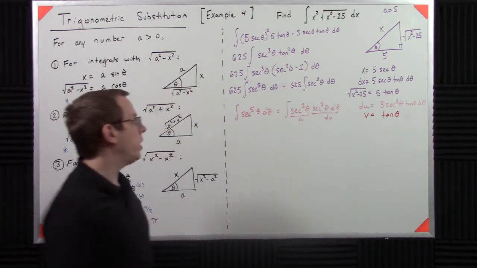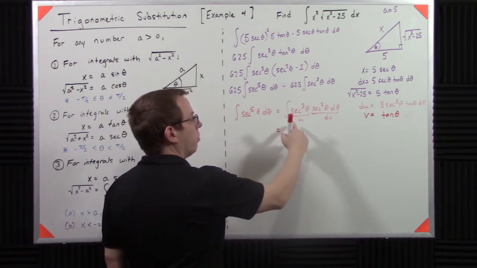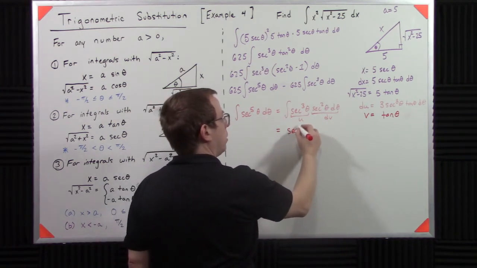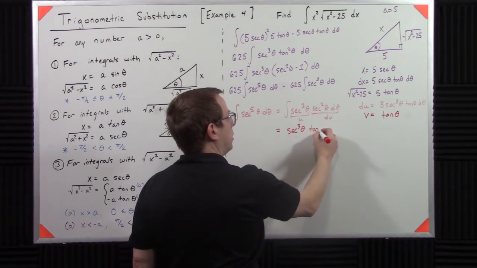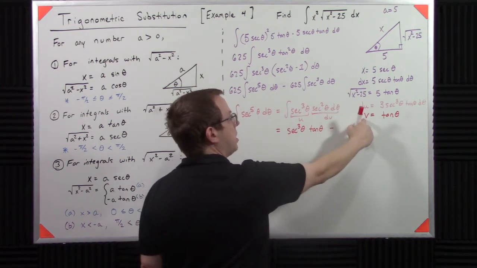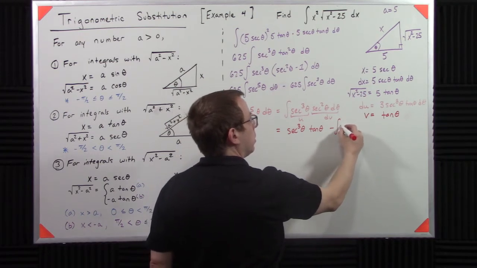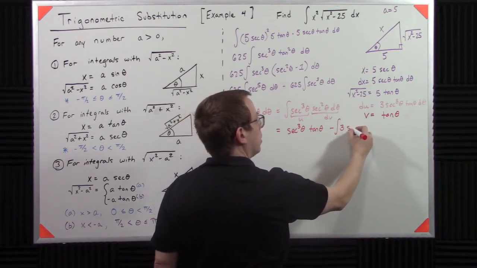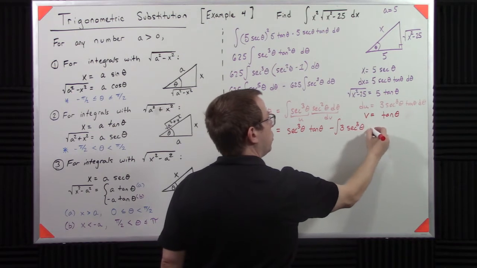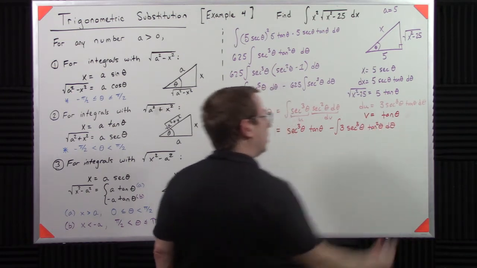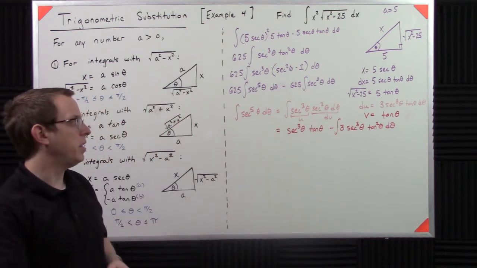So at this point we end up with, remember it's uv, so secant cubed theta tangent theta minus the integral of v du. So this is 3 secant cubed theta tangent squared theta d theta.